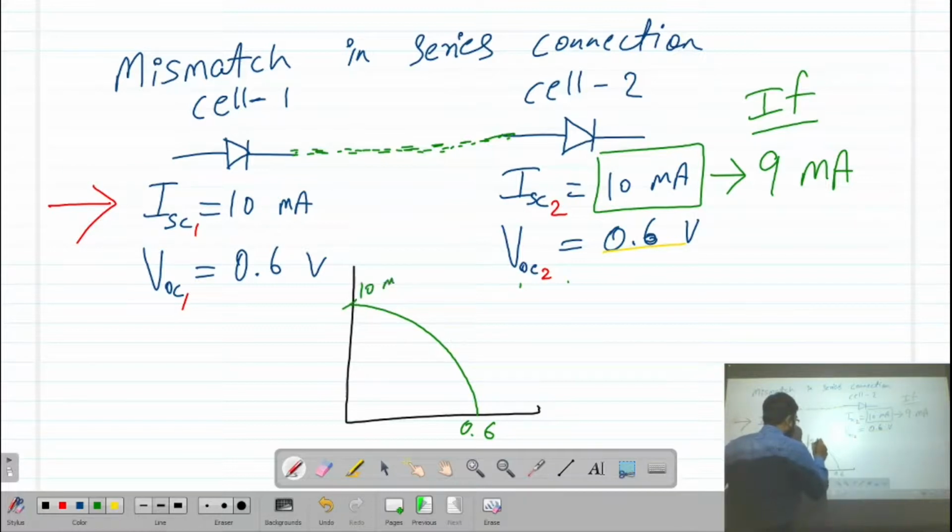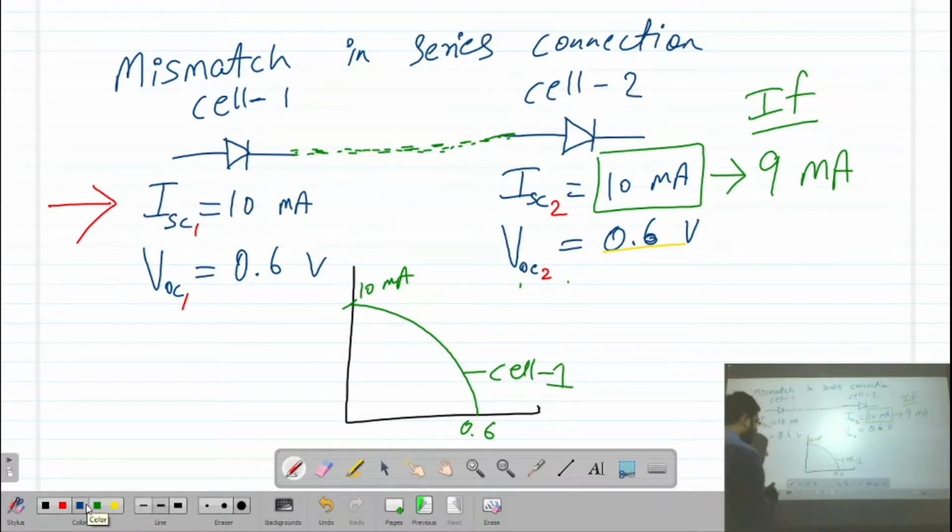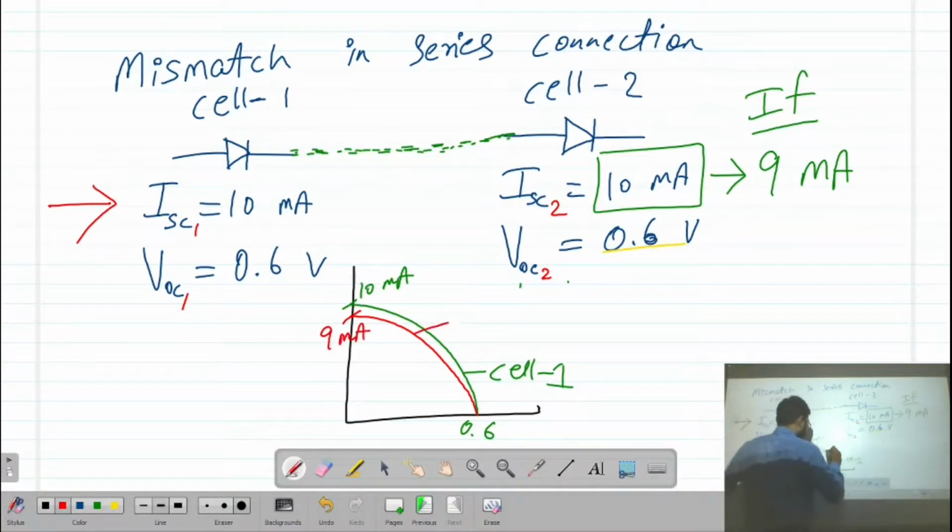This is 10 milliampere, this is for cell 1. And this is 9 milliampere, this is for cell 2.